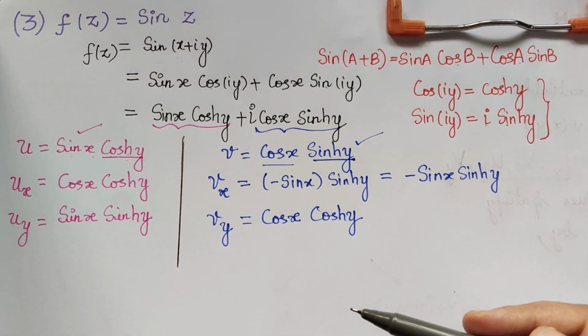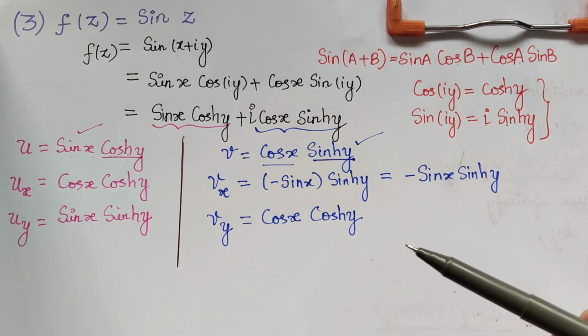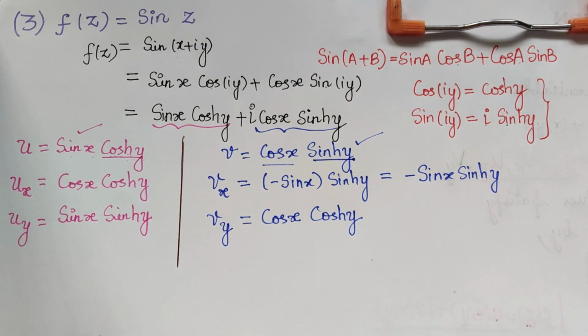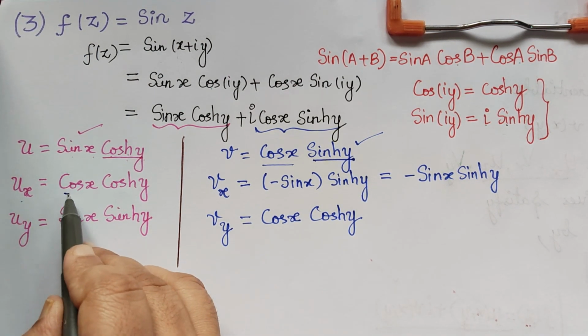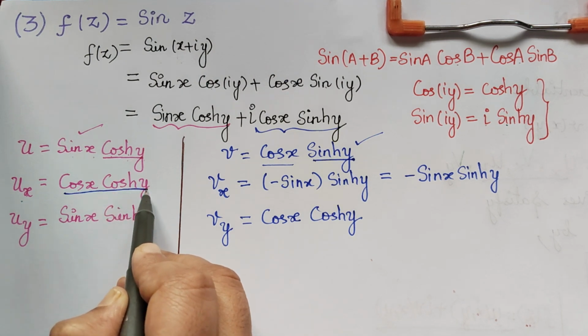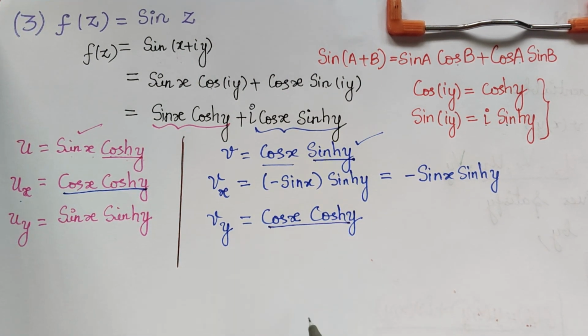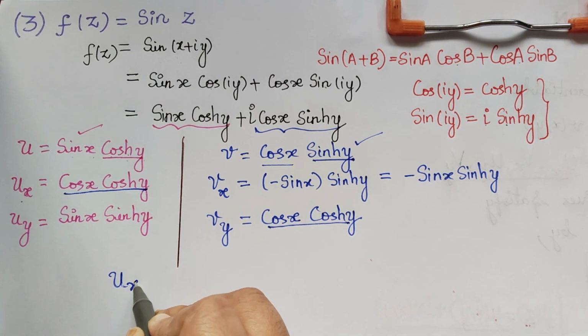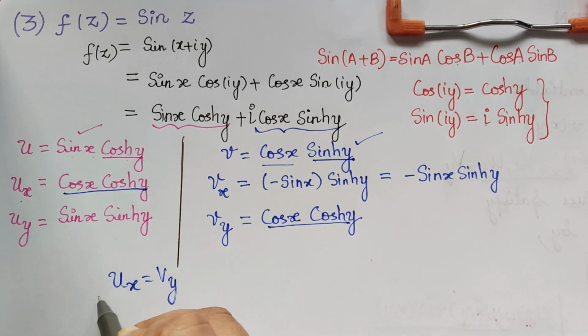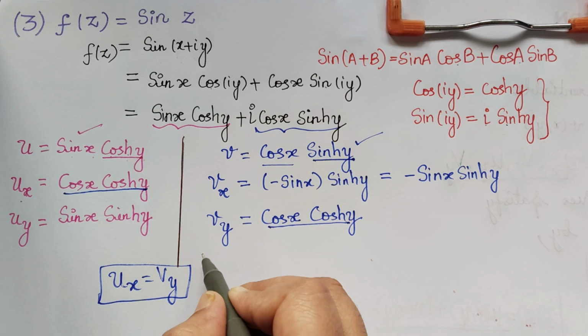We shall check whether these satisfy the CR equations. So now if you see, what is ux? It is cos x cos hy, and vy is cos x cos hy, from which we obtain ux is equal to vy. So first condition is satisfied.